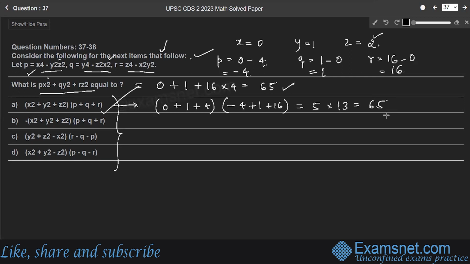Therefore, the first option gives the same value as the given expression, right? So which is equal to 65 for the values x, y, z and P, Q, R, right? Therefore, option A is the right answer. If you want, you can verify the answer by considering the remaining 3 options. You won't get the answer as 65 in the remaining 3 options. Hence, option A is the right answer.